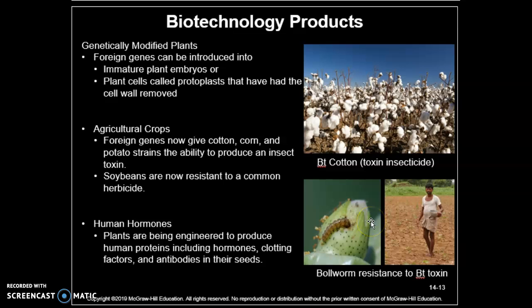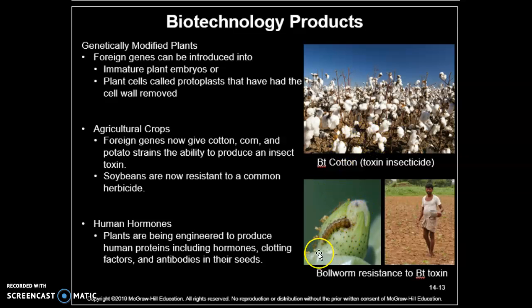And so they inserted a gene into this cotton called BT cotton that would produce a toxin so that when the bollworm would eat it, the bollworm would die, and hopefully save this cotton crop. So I think this was a Monsanto product, and they went and made a whole bunch of this. They sold it over to, I believe this is India, and it worked for a few years.